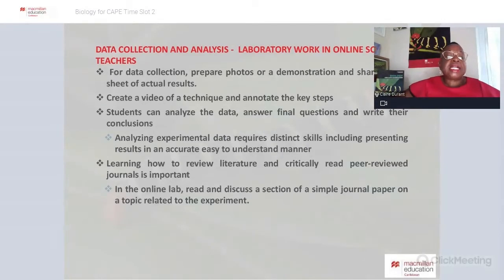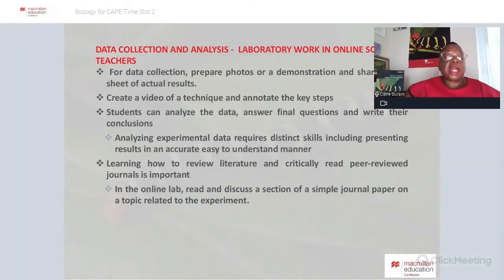So for data collection and analysis, the teachers can prepare photos or demonstration and share a data sheet of actual results, or create a video of a technique and annotate the key steps, and the students can just watch this and determine how the experiment would go and collect their information in that way.